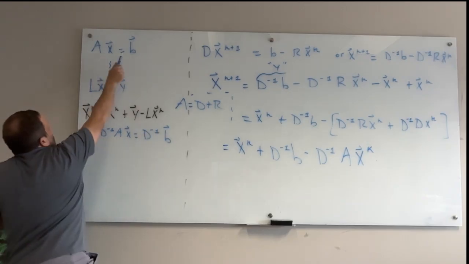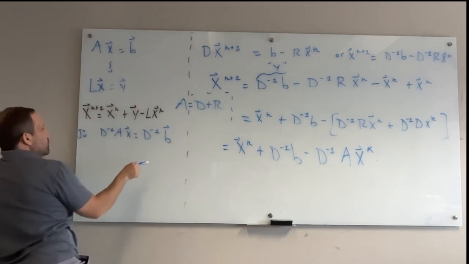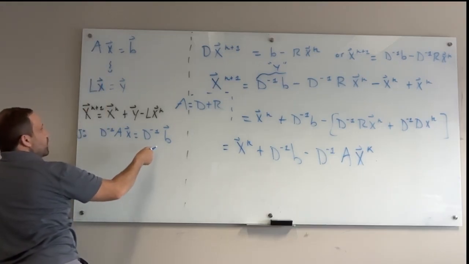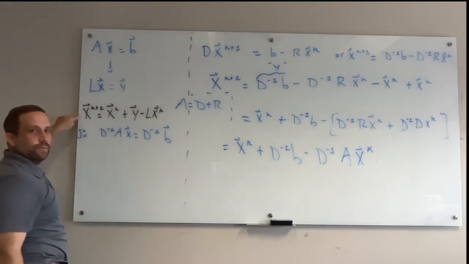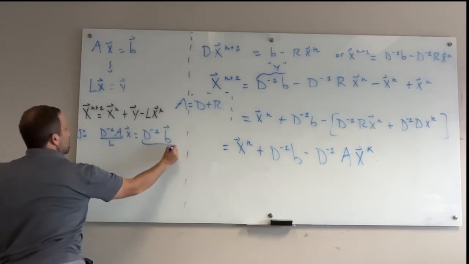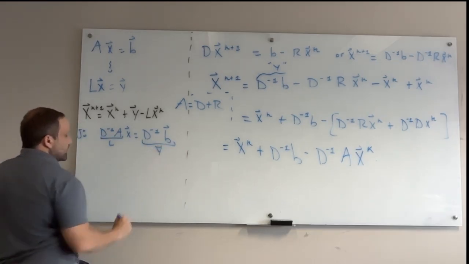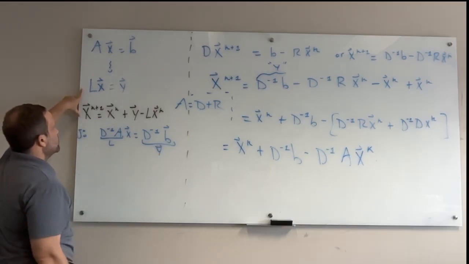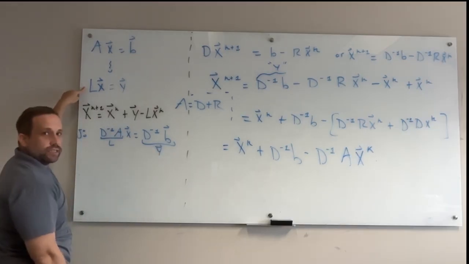Okay, so this is what we care about. We're going to modify it, multiply both sides of this equation by D inverse to get this system right here, and then apply this iterative scheme, where now L, this is equal to my L, and that's equal to y. Okay, so we have this general iterative scheme here to go from the system Lx equals y.